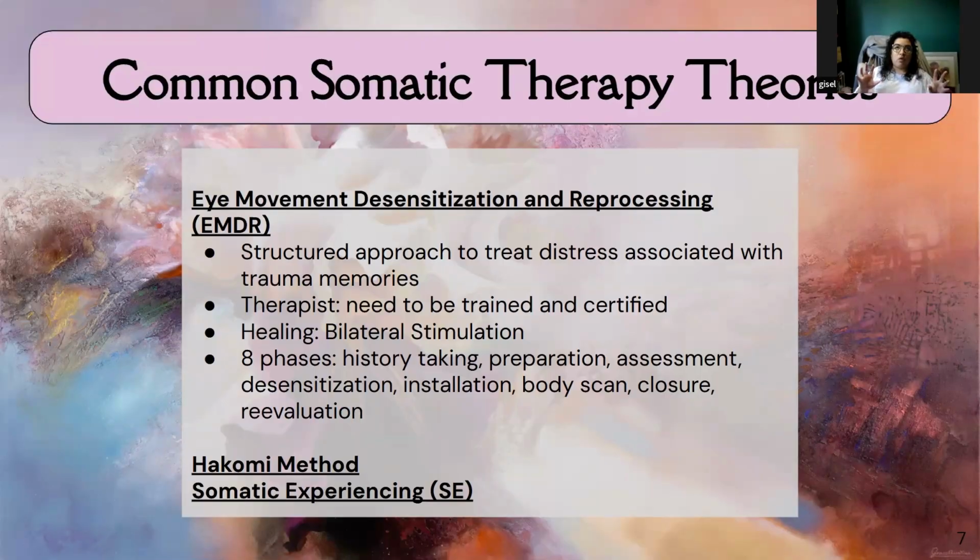And so EMDR defines harm as what I've been saying, right? So emotion, stress being stored in the body and not being able to release it. And healing happens through bilateral stimulation, and then it's broken down into these 8 phases that I have listed here.